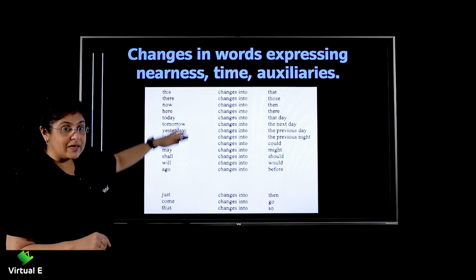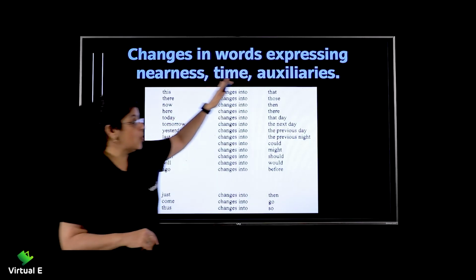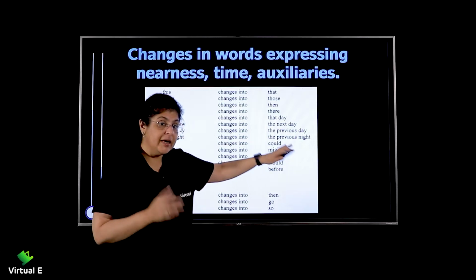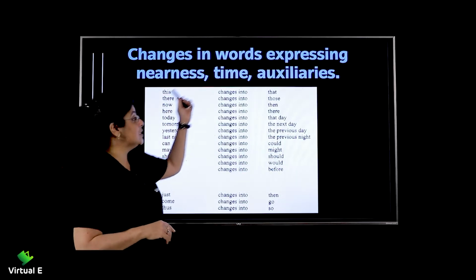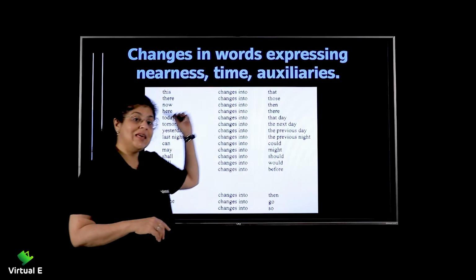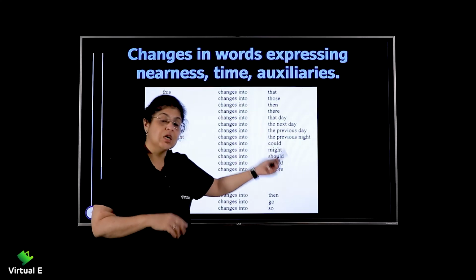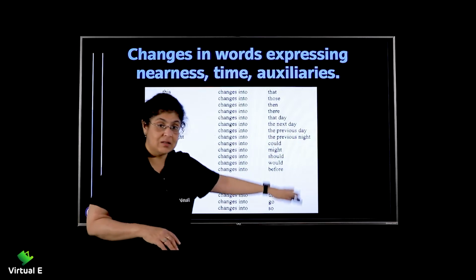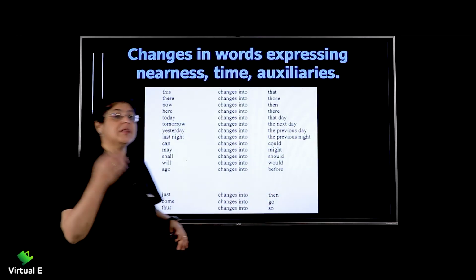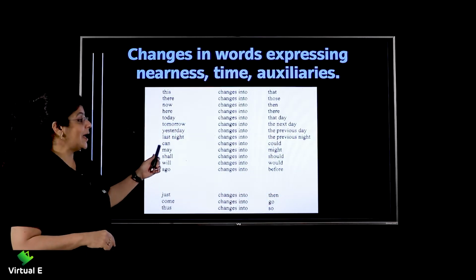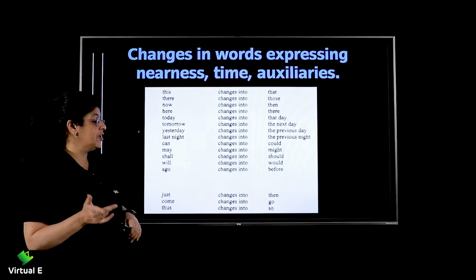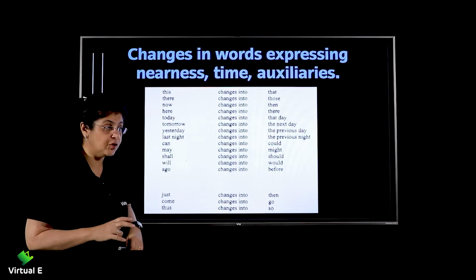What we are reading here is your direct speech, and it will change to indirect speech. In the indirect speech, this will change to that, these will change to those. Can, could, may, might, shall, should, will, would, ago, before.